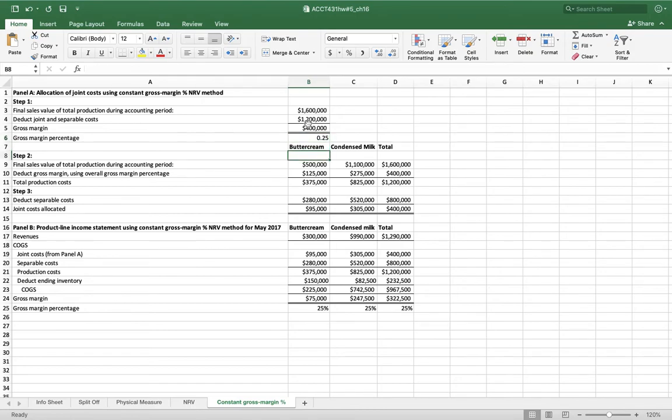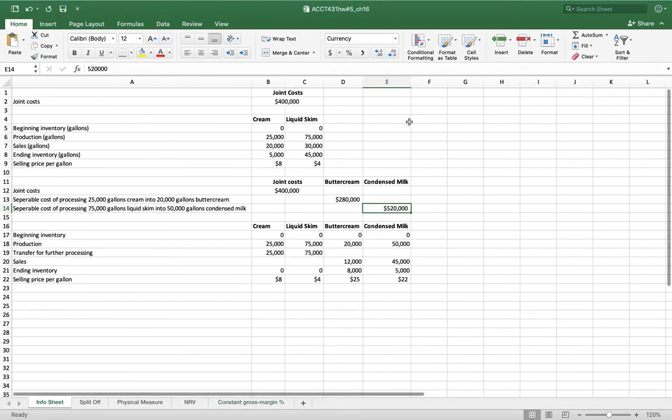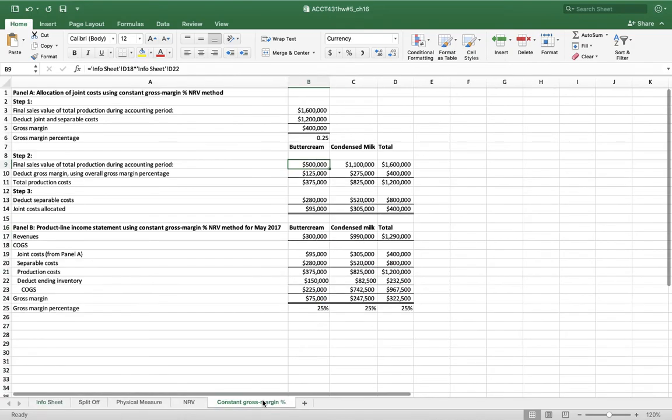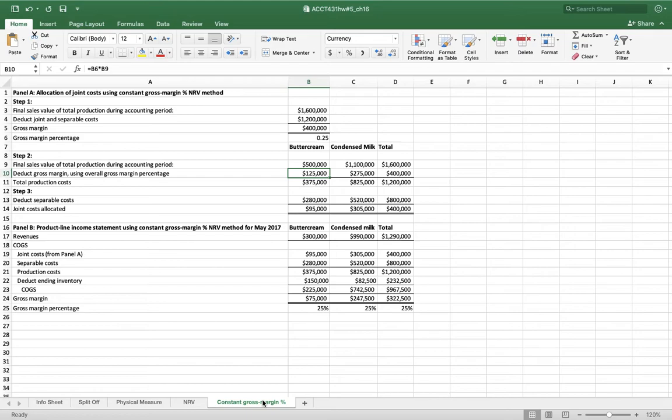And then again, focusing on the buttercream for the rest of the calculations, the final sales value is the production times selling price again. So 20,000 times 25. Deducting the gross margin is the gross margin percentage, so 25%, times 500,000 gets us 125,000, and you're going to deduct that from the final sales value to get the total production costs.